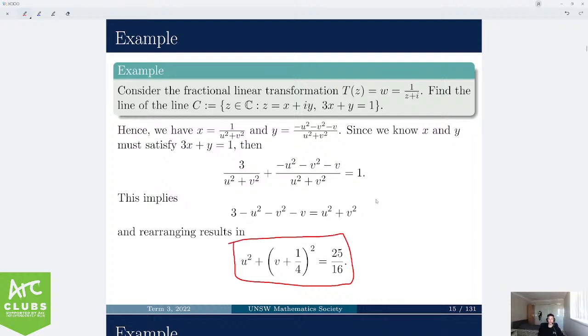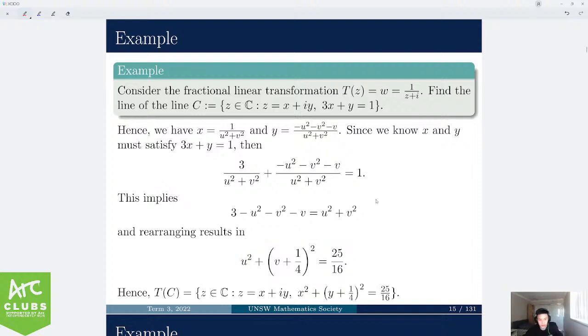And notice that's a circle centered at -1/4 i with radius 5/4. Alrighty. And hence, if we write it formally, T(C) is the set over here, that's the circle centered at -1/4 i, radius 5/4.